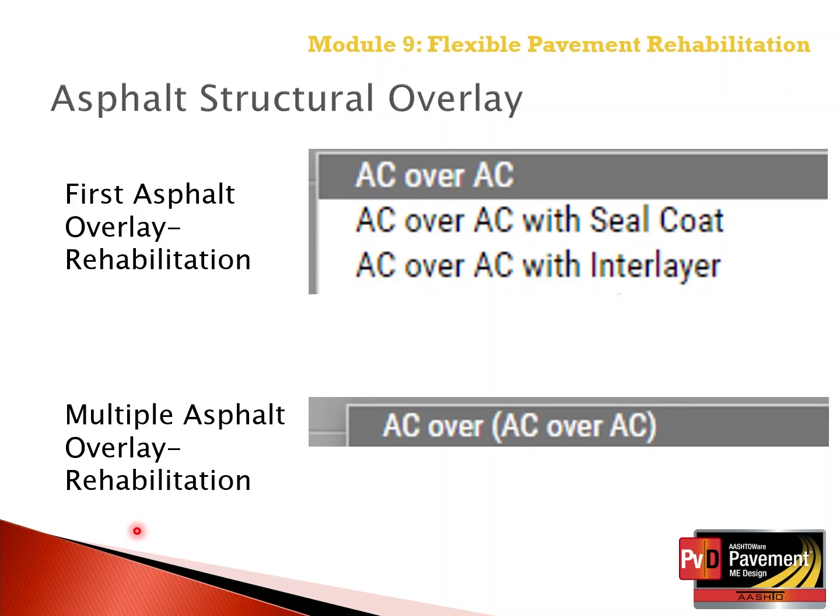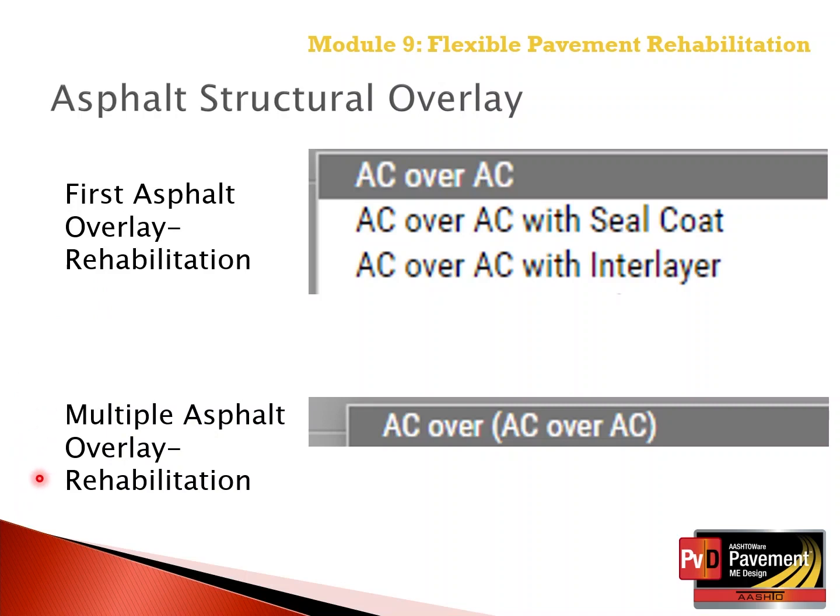The first category is where the first asphalt overlay or rehabilitation is placed. In other words, the original flexible pavement does not have any other rehabilitation activity. The other category is for multiple asphalt overlays or rehabilitation.